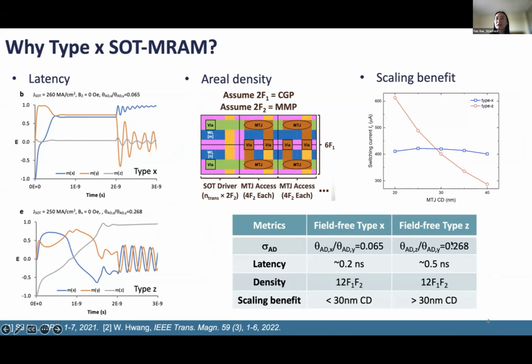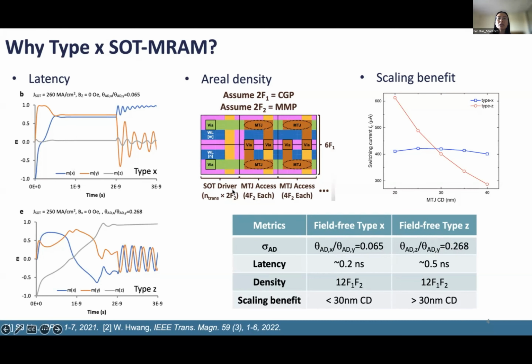As in the table, the micromagnetic simulation found that the minimum unconventional spin for field-free type X is much smaller than that needed for field-free type Z: one is 6.5%, the other needs over 26%. And even with the same minimum unconventional spin applied, if you compare figures B and E, with similar switching current density, type X is actually faster than type Z.